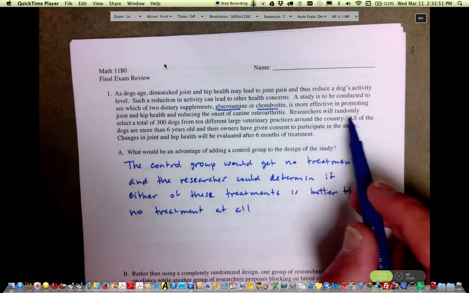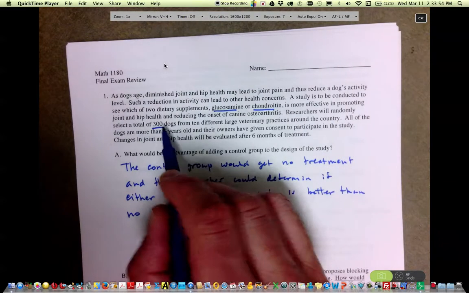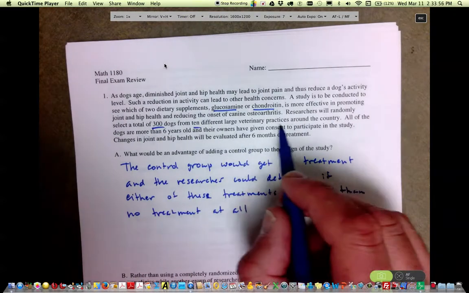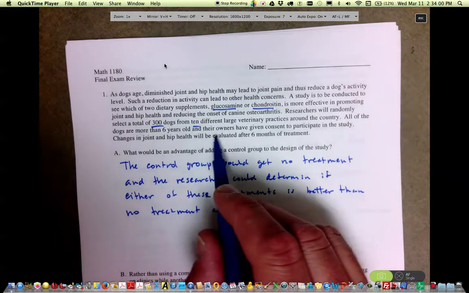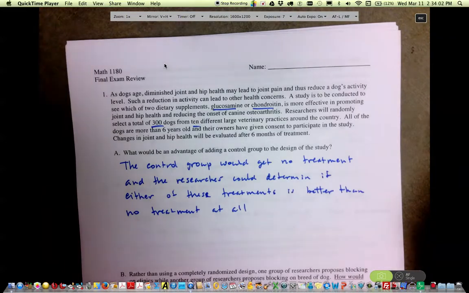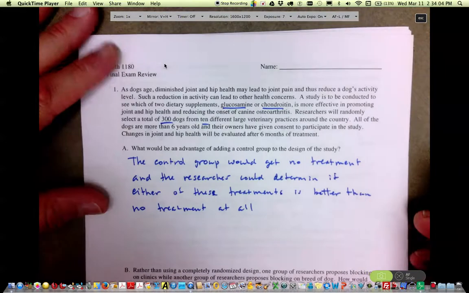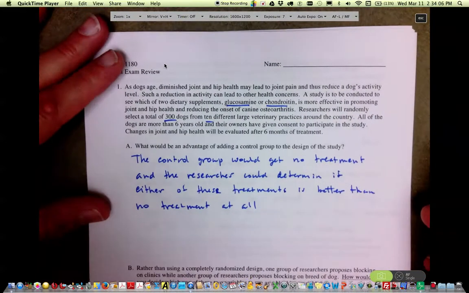Researchers will randomly select 300 dogs from 10 different large veterinary practices around the country. All of the dogs are more than 6 years old, and their owners have given consent to participate in the study. Changes in joint and hip health will be evaluated after 6 months of treatment.